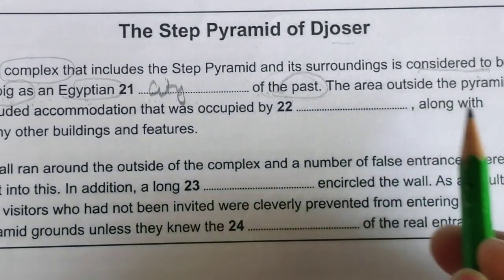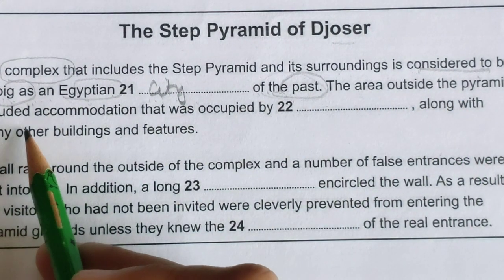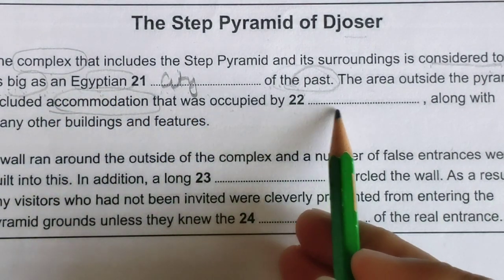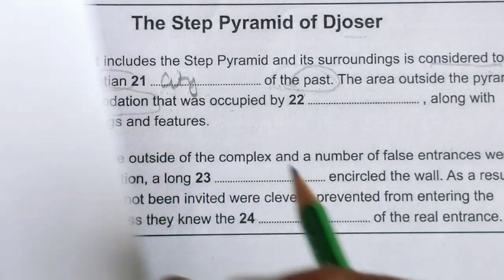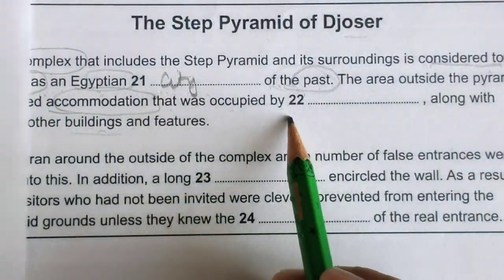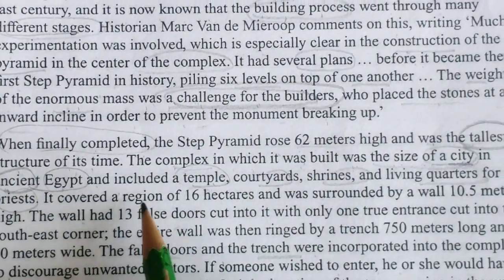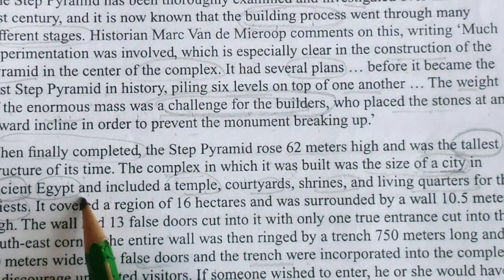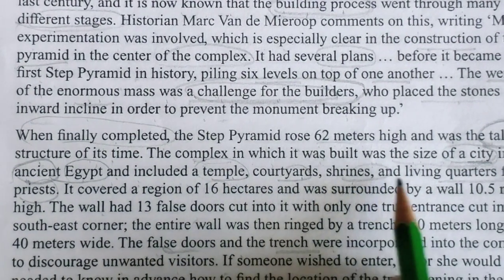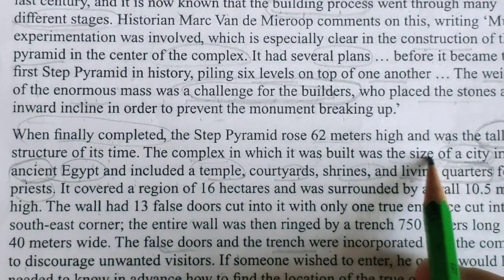So next one is the area outside the pyramid included accommodation residential area that was occupied by, along with many other buildings and features. So after the first we will be getting the second one. Okay, and included, so till here we have done, and included a temple, courtyard, shrines and living quarters. See, very easily they have given.